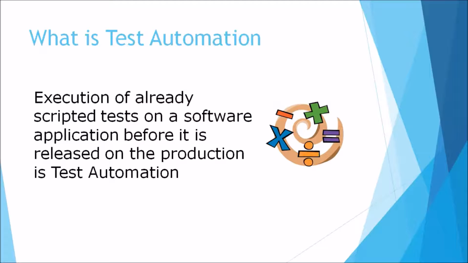Before executing any particular code, we script it, we review it, and we keep it on the system. Now this already scripted test is executed. As with 2 plus 2, we have practiced it many times and it comes automatically. Similarly, here we have already scripted the test, and we are running it on the system, and everything is happening automatically. So this is test automation.